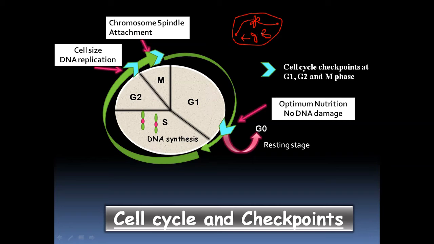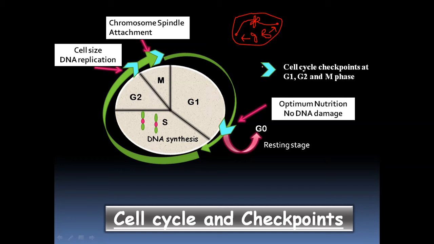Now, to ensure this, there is the M phase checkpoint which ensures this movement of the two chromatids towards the opposite poles. If there is any discrepancy with respect to this, then the process of cell division is halted, and the cell doesn't undergo any division.